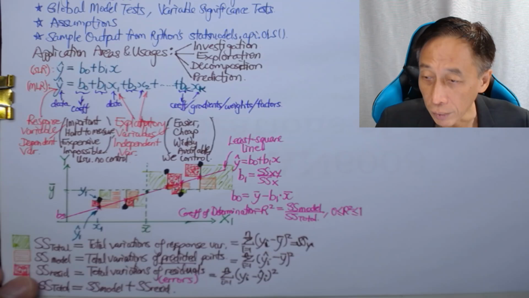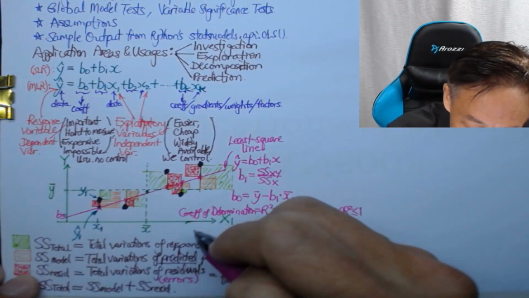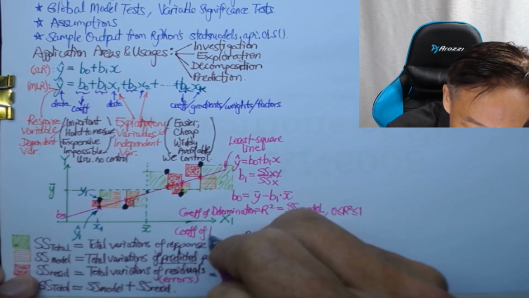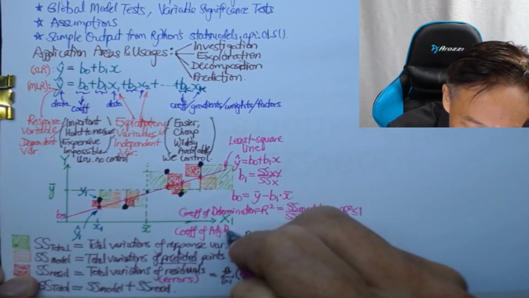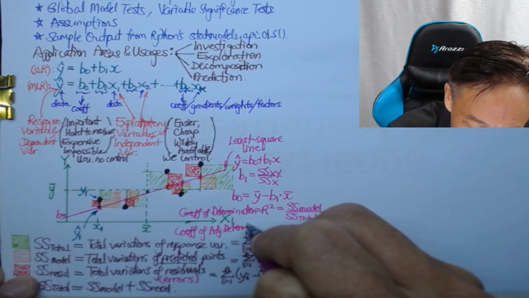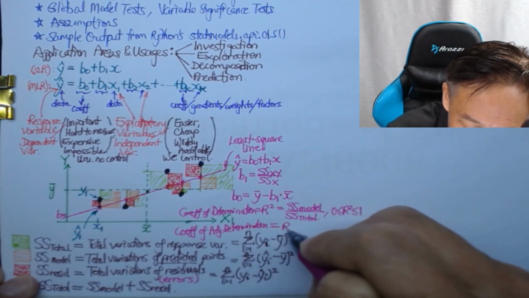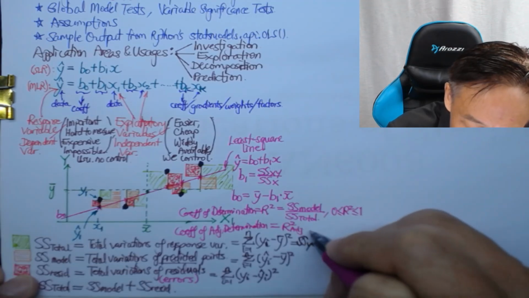And also another very related notion is the coefficient of adjusted determination, or adjusted R squared. R squared adjusted, maybe we call it, right?